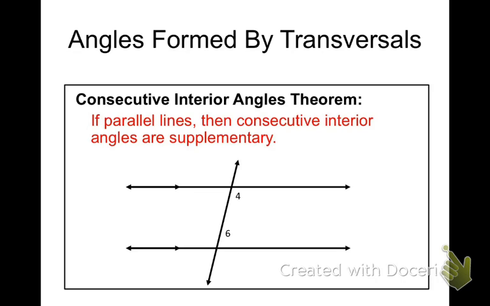So angle 4 and angle 6 are my example of supplementary angles there. If I know I have parallel lines, so the triangles are on there, then the measure of angle 4 plus the measure of angle 6 equals 180 degrees.